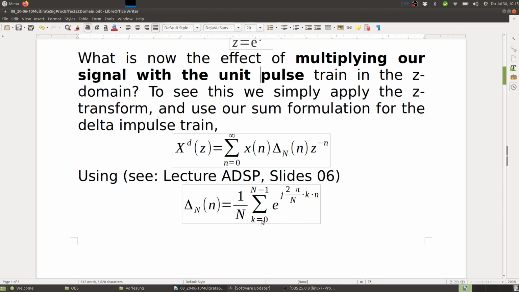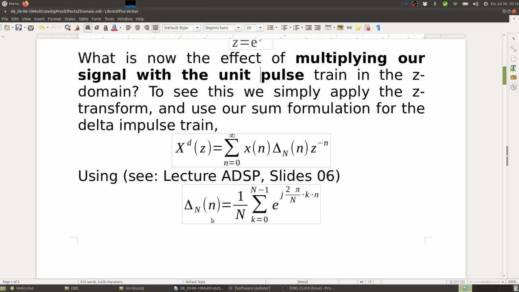So here with k equals 1 we have the fundamental frequency, then the higher k's give us the harmonics, and k equals 0 gives us the DC offset. So it's basically the inverse Fourier transform of this spectral structure. Yeah, so when you want to know how it's derived, go to the slide set, and there it's derived. So then we know that it's correct.